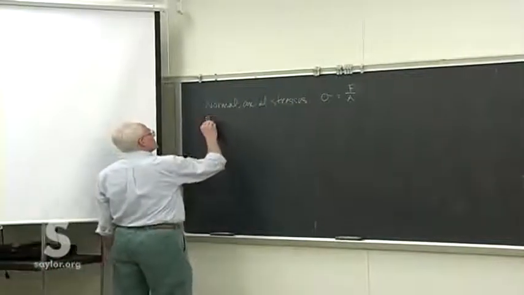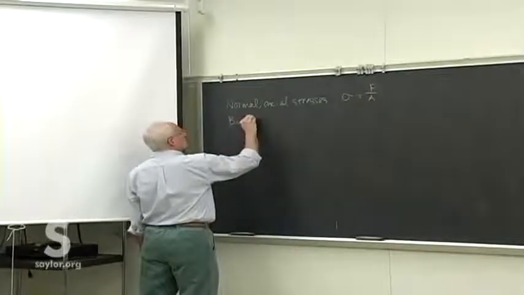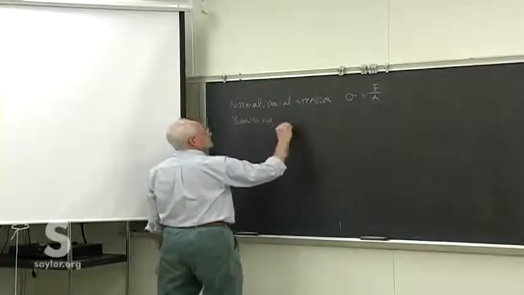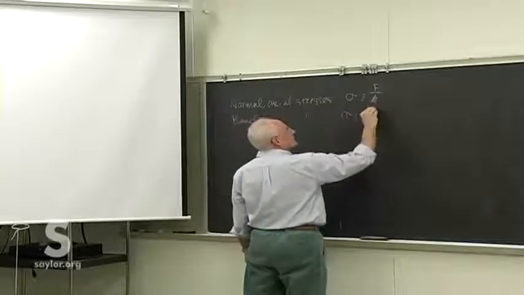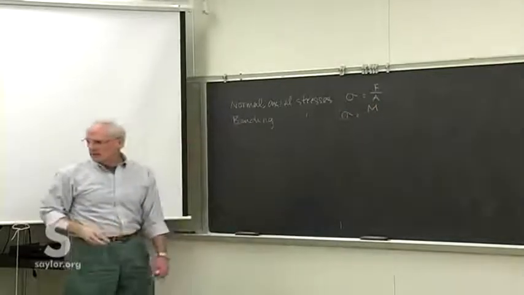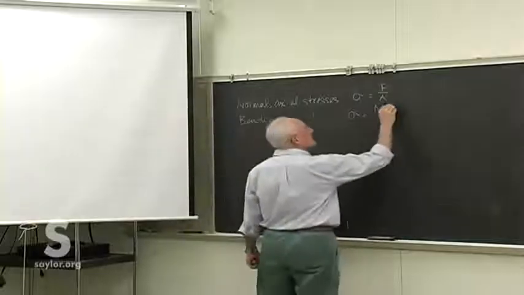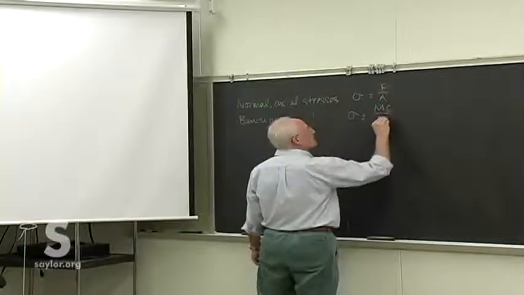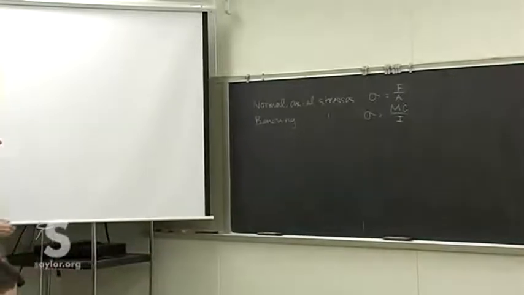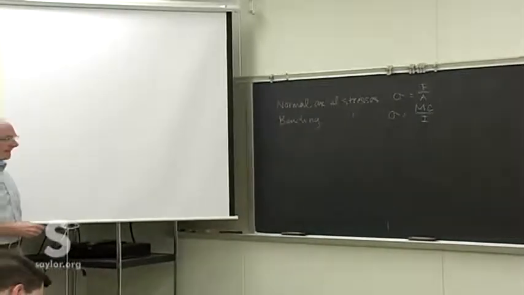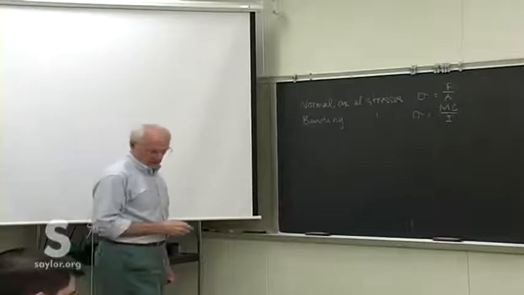We also just added bending stresses, and that was, if you remember, due to whatever the bending moment was. They were a maximum at the farthest away piece of the material with respect to the neutral axis over the moment of inertia of the cross-section.